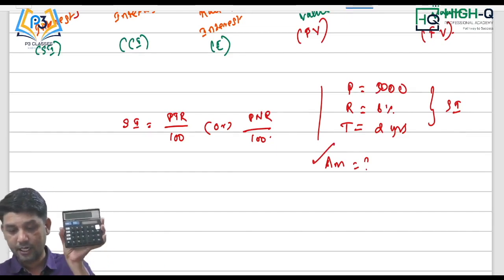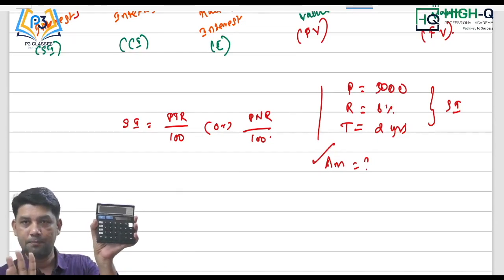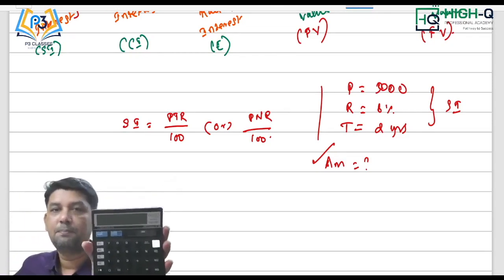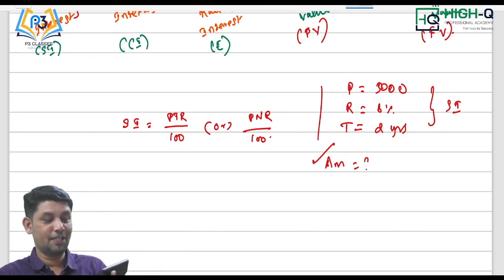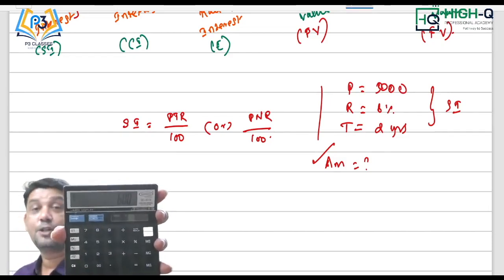Now listen here: how to find it? 5,000 principal into 6% into 2. We got the simple interest amount of 600 rupees. Am I right, my dear? 600 rupees is your simple interest.